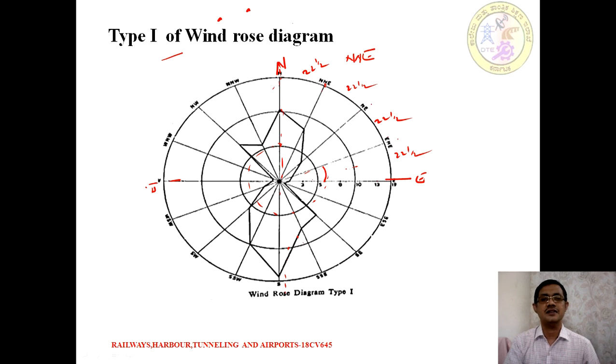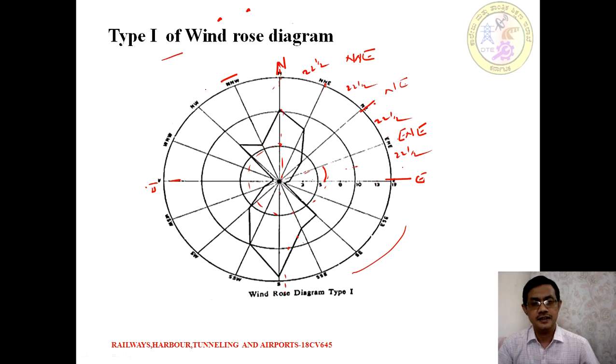Similarly, exactly at the center line it is going to be northeast, obviously there is no problem. Then nearer to east, we can write it as east northeast or northeast east, either way. Likewise we mark all the 16 sectors and complete the radial lines.